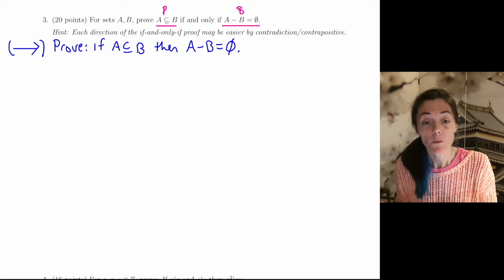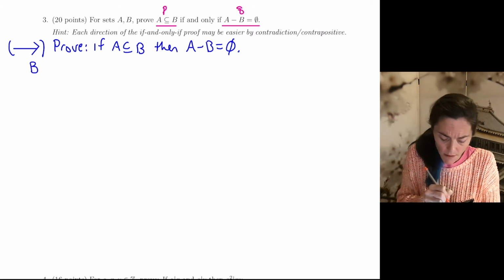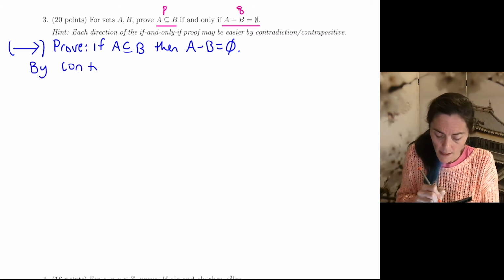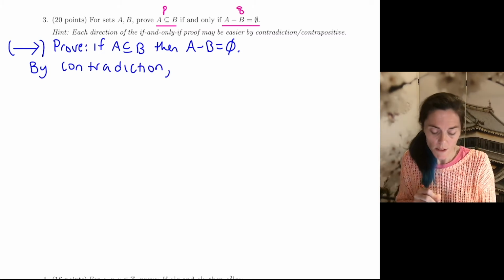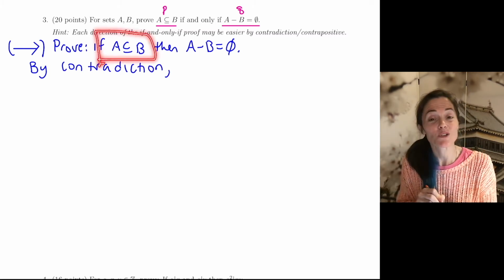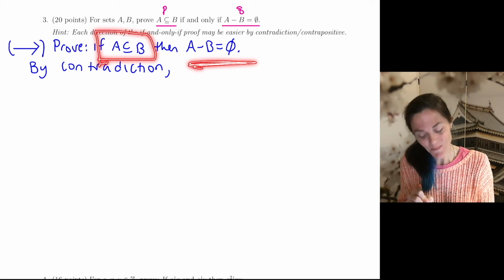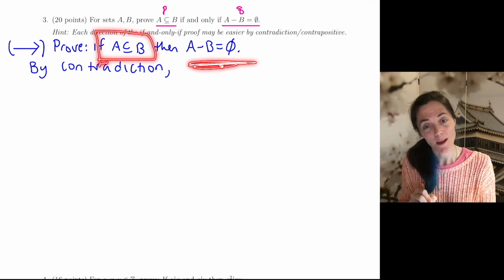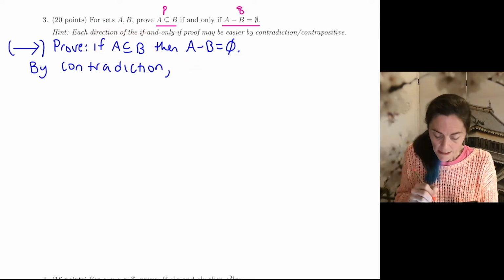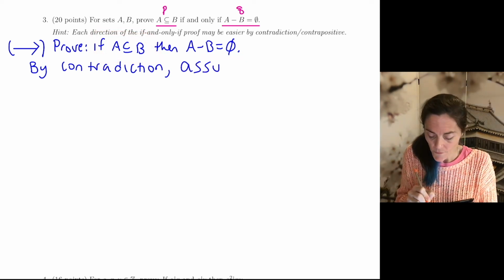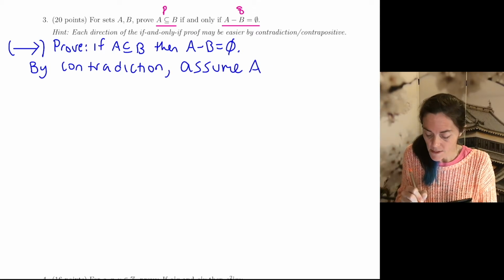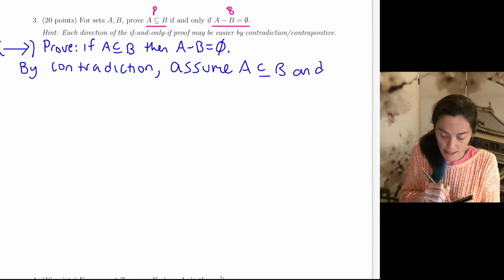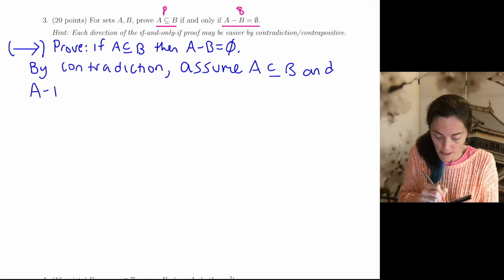Okay, and we will do this by contradiction. In a proof by contradiction, we assume this part is true. We assume this part is false. Both of those. So let's assume A is a subset of B and that A minus B is not equal to the empty set.